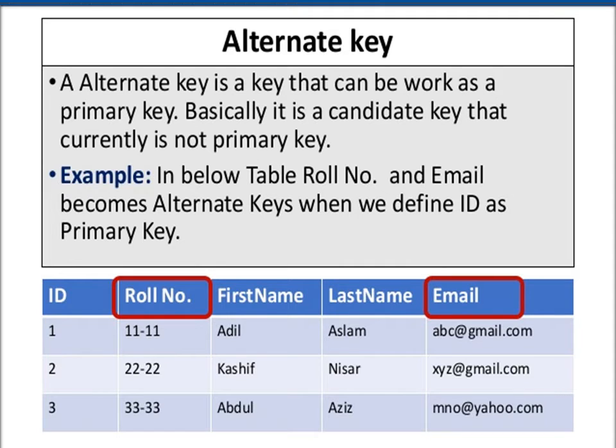So an alternate key is a key that can work as a primary key. Basically, it is a candidate key that currently is not a primary key. So ID, roll number and email, all three are qualifying to be a primary key, but we have chosen ID as the primary key. That's why roll number and email, which are candidate keys, are now known as alternate keys.